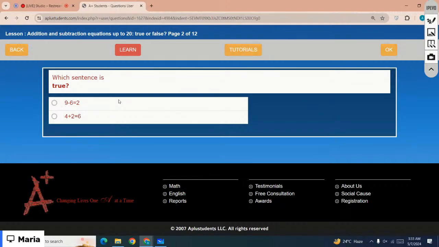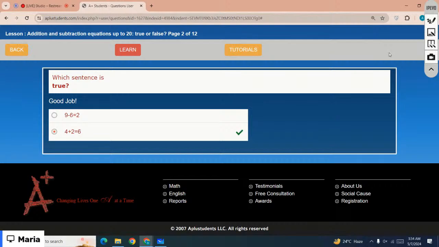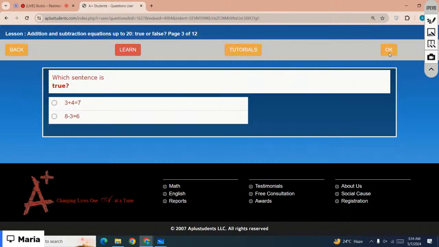The correct option is that 4 plus 2 equals 6. Which sentence is true? 3 plus 4 is 7, or 8 minus 3 is 6, which is the correct option?